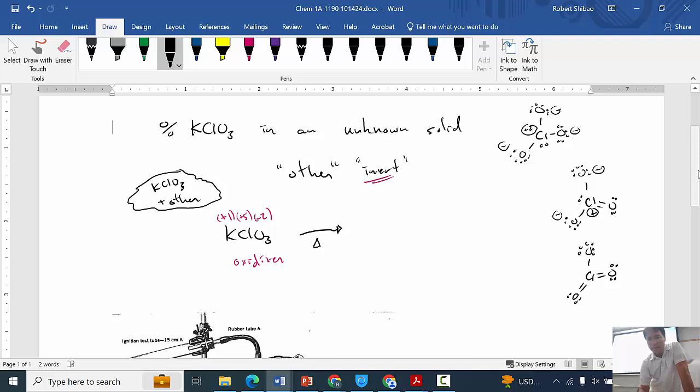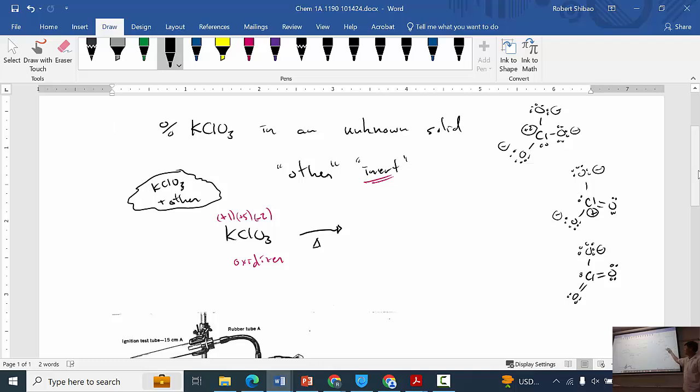Do you know which elements are not capable of expanding their octets? The second period elements.